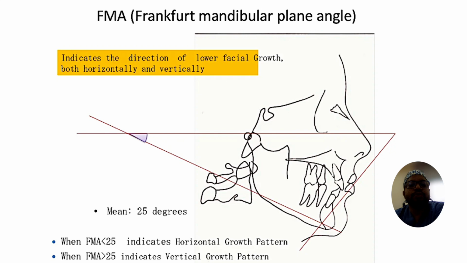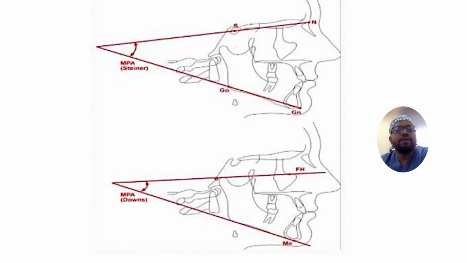So this is the Tweed diagnostic triad. Here you can see, you can draw the mandibular plane angle with the Steiner line, or you can draw it with the FH line. The SN plane is for Steiner analysis, the FH plane for Downs analysis. Both give the growth pattern.